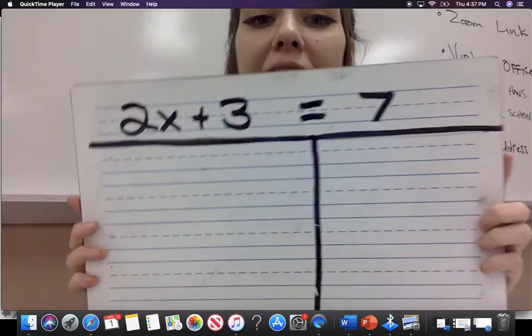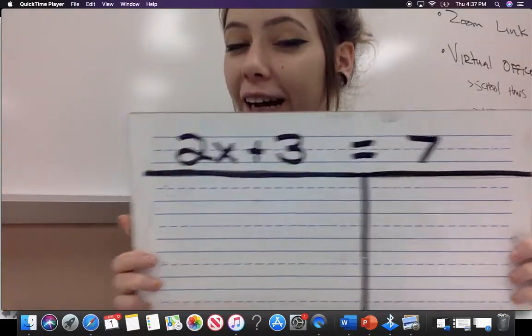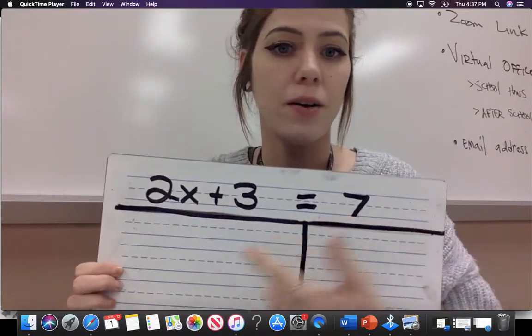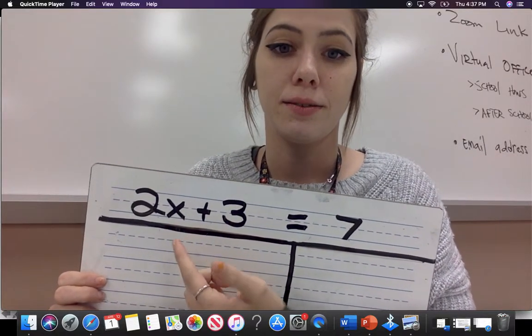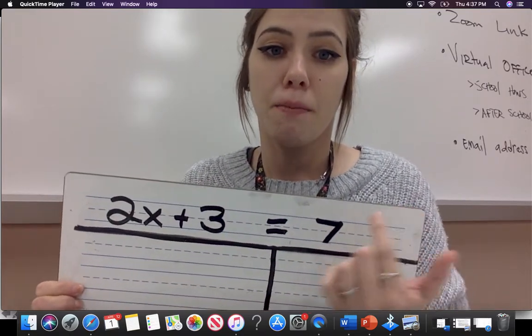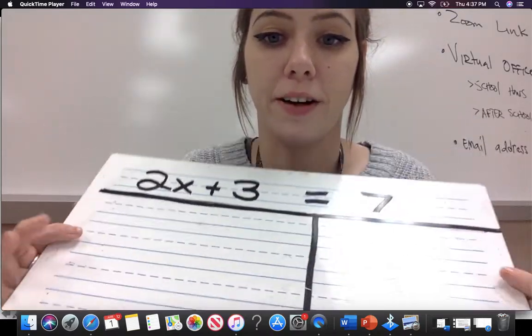Right here, we have 2x plus 3 equals 7. Well, we don't know what the x is, right? We know that 2x plus 3 equals 7, but we don't know what this little x number is, and that's the answer that we're really trying to figure out.